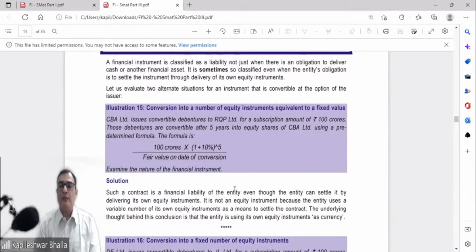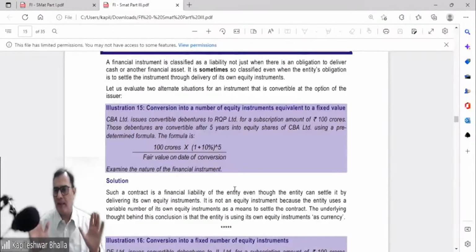So the number of equity shares being variable, we can say it becomes a financial liability. It's not an equity instrument. Even though you're using your equity shares as currency to discharge the obligation, since it's a variable number, it becomes a case of financial liability.